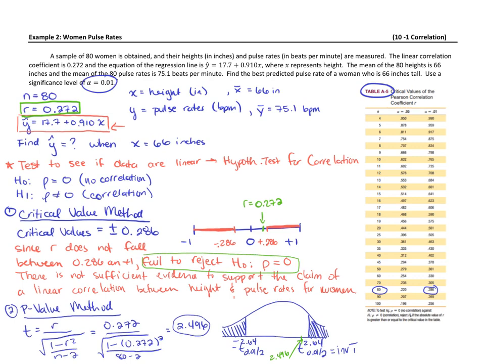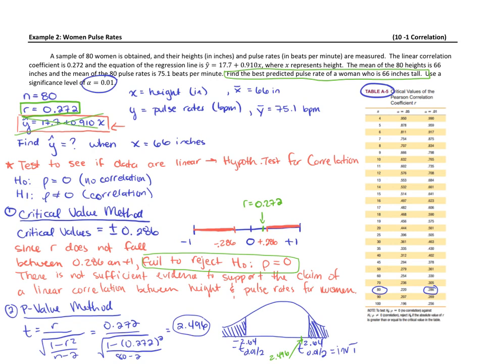Okay, so the most important thing to conclude in this particular problem is, if we want to find the best predicted pulse rate for a woman who is 66 inches tall, we cannot use the equation 17.7 plus 0.910x. We can't use that regression line because our data is actually not linear.